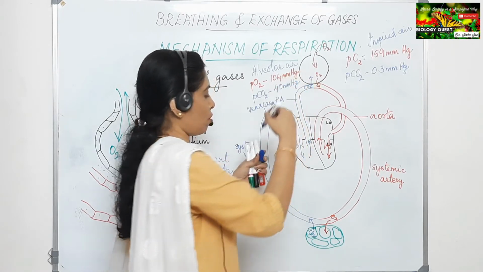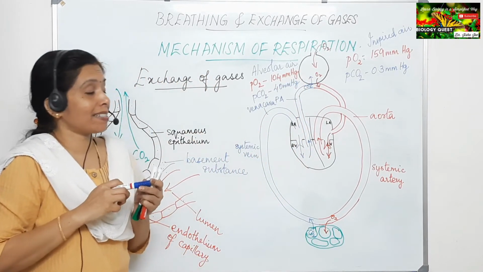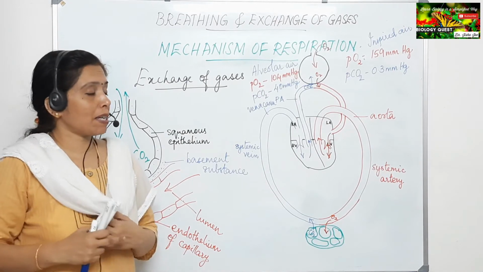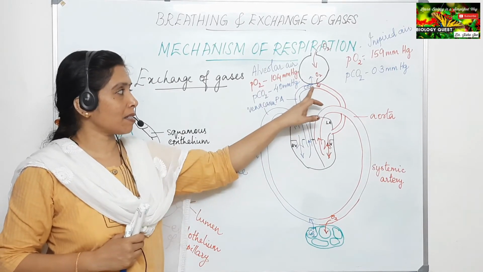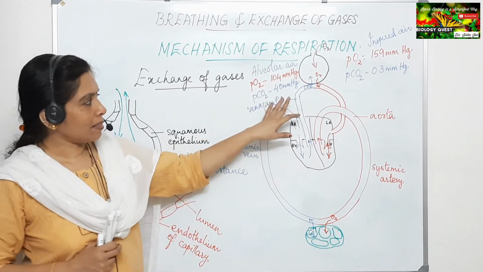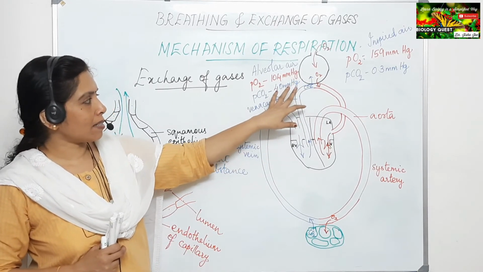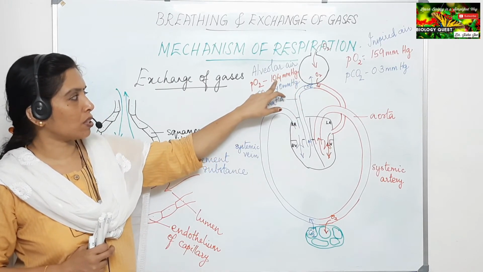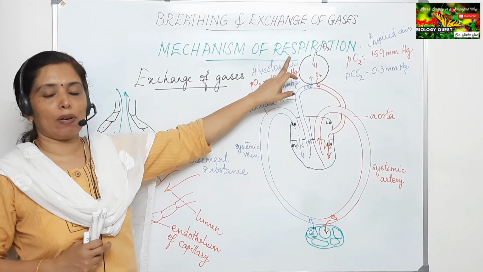The partial pressure of carbon dioxide has increased because the carbon dioxide from the blood has diffused into the alveolus. But even then, we can understand that the partial pressure of oxygen is still greater in the alveolar air.